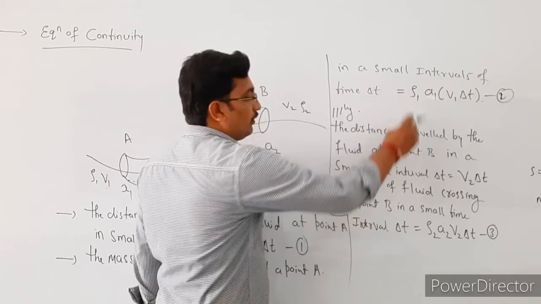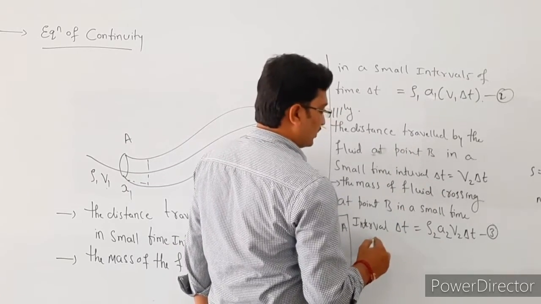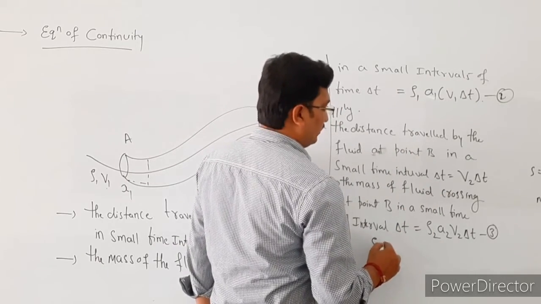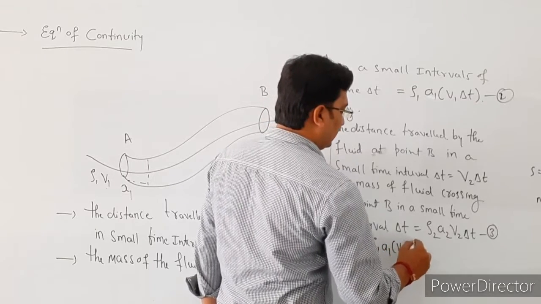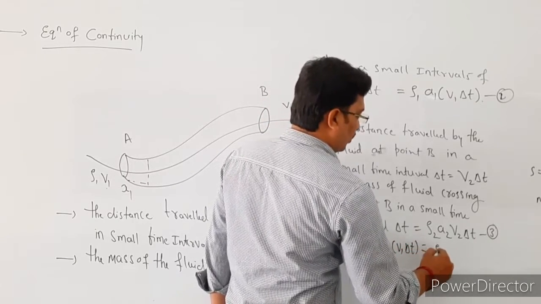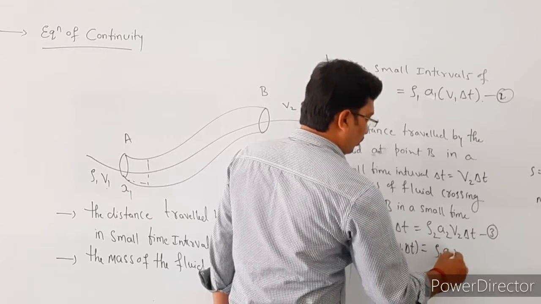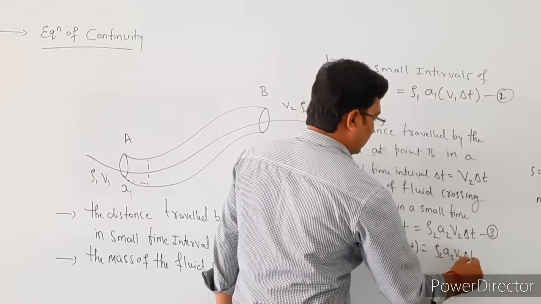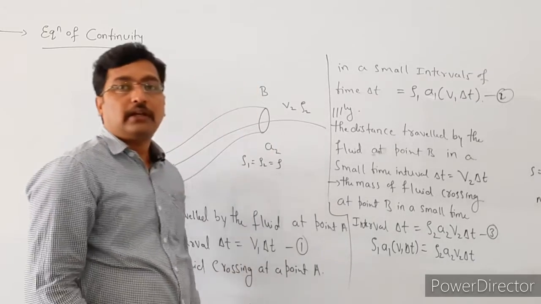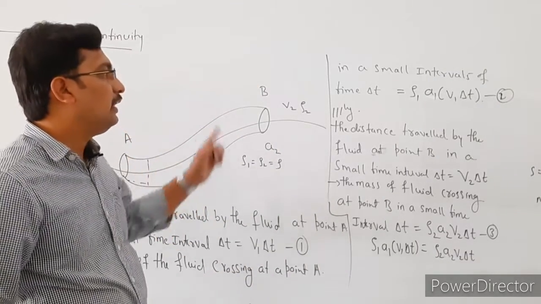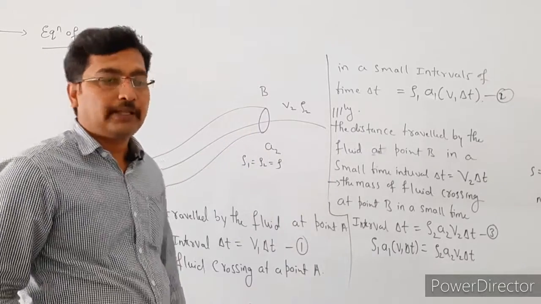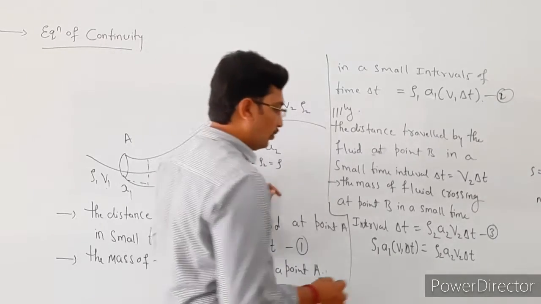Okay, see here, we equate these two equations. Equation 2 is ρ1 A1 V1 del t, which is equal to ρ2 A2 V2 del t. In this case the same liquid enters at point A and exits at point B, so ρ1 = ρ2 = ρ.